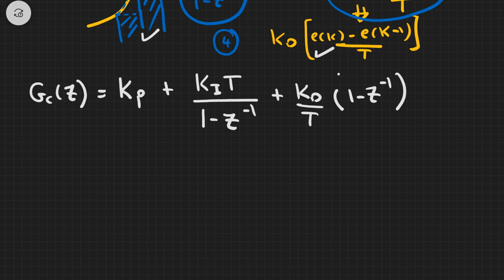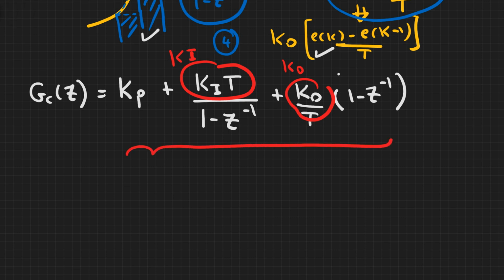And since we are anyway talking about a different controller, we can just consider that our new Ki is this one and our new Kd is this term, just to simplify things further. It's a different controller than the continuous time one, so we don't need to stick to the older Ki. So we can just call this Ki times T our new Ki. And here we are.